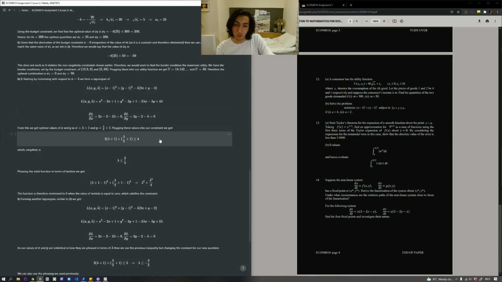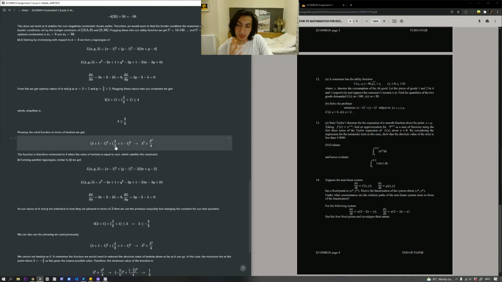Plugging those into our constraint, we get the value of lambda must be smaller than or equal to 2 over 5. And then plugging our values of x1 and y into the function we intend to minimize, we find that the value of the function is going to be determined by lambda squared plus lambda squared over 4. Now, how do we minimize this?